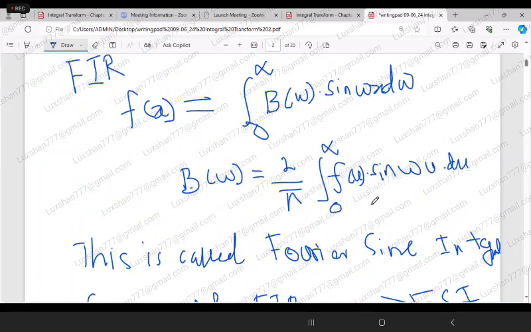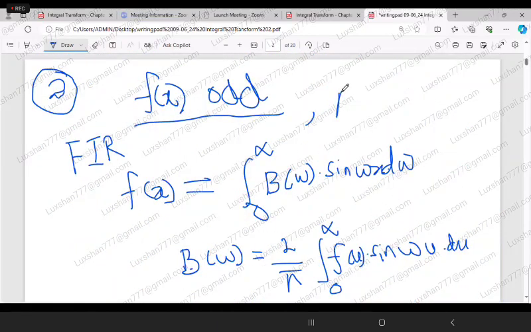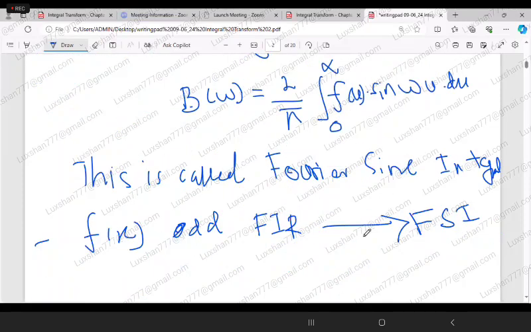If f(x) is odd, then a(ω) becomes 0. Therefore, the representation is in this way, and this one we call the Fourier sine integral.